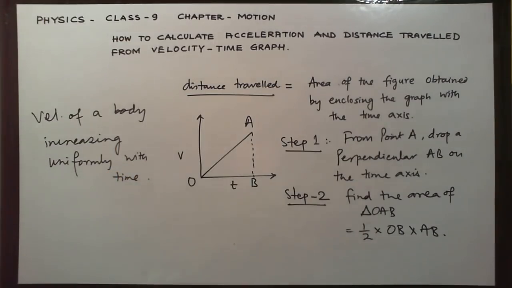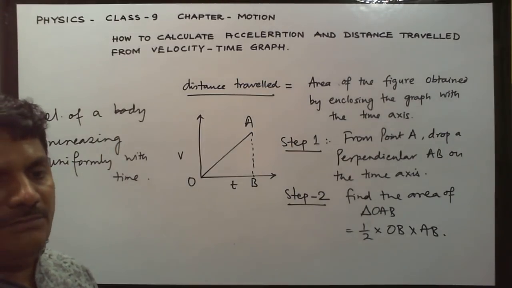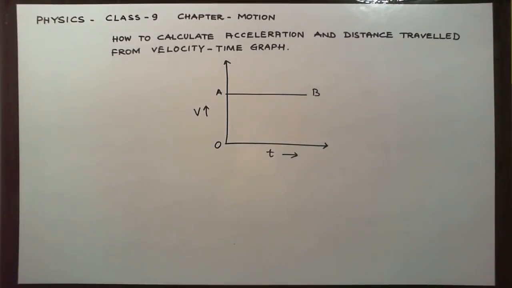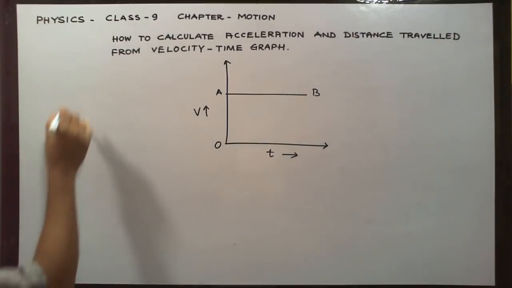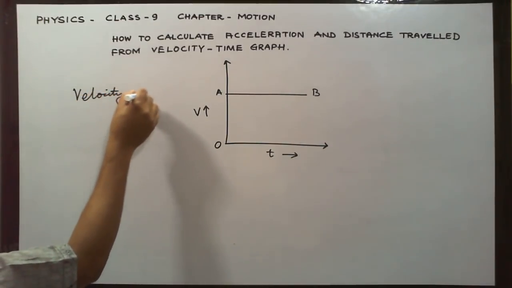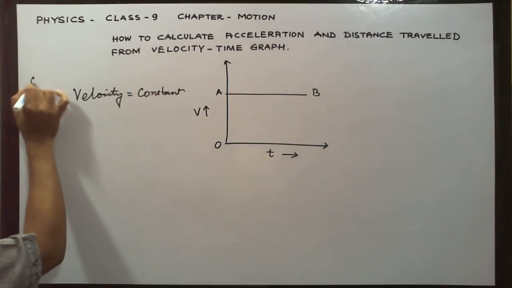Okay. Now let us move on to the second case, where we have the velocity of the body remaining constant with time. Here we have got a graph where velocity is remaining constant. This is case 2.